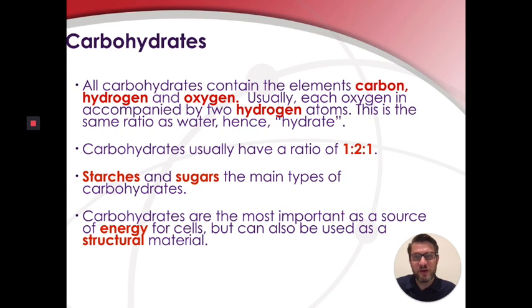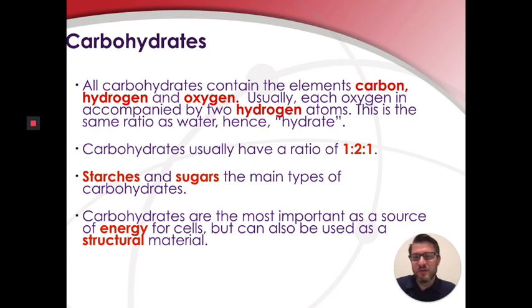So you have 2 hydrogens, 1 oxygen, or H2O. So carbohydrates are found in a ratio of 1 to 2 to 1. For every 1 carbon, you have 2 hydrogens and 1 oxygen. When you see a chemical formula with carbon, hydrogen, oxygen in this 1 to 2 to 1 ratio, that's a dead giveaway that it's a carbohydrate.